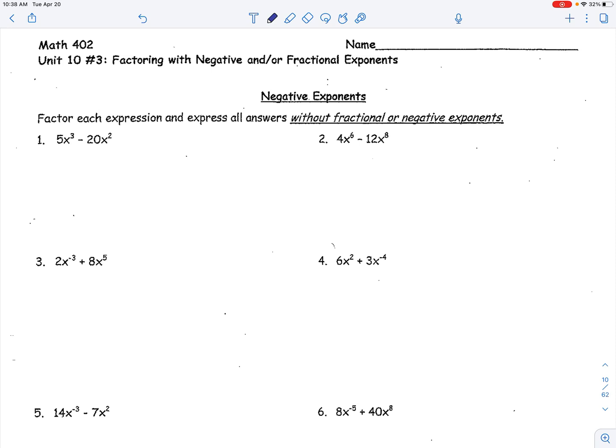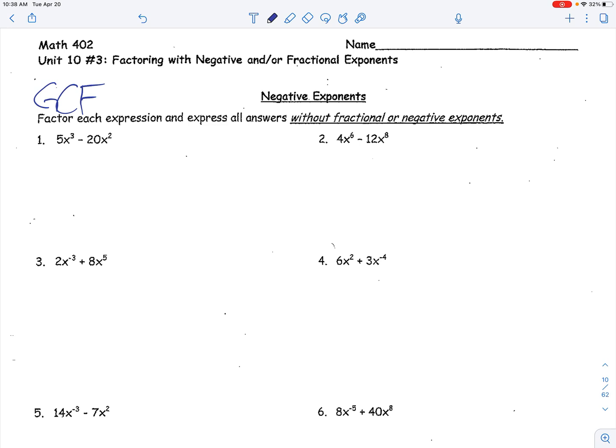Remember how to factor that, people? 5 and 20. Look at that. Do you know what you can do there? Isn't there a number in common? 5.